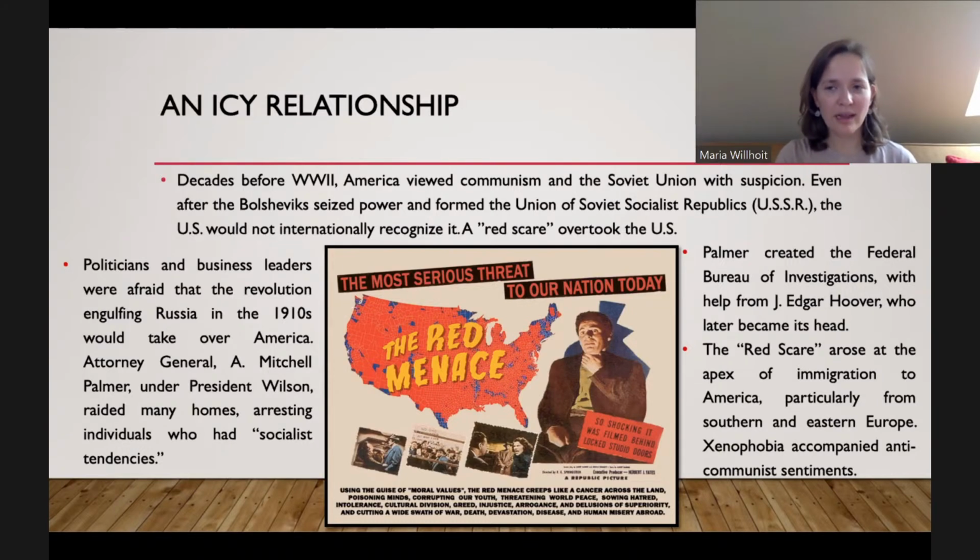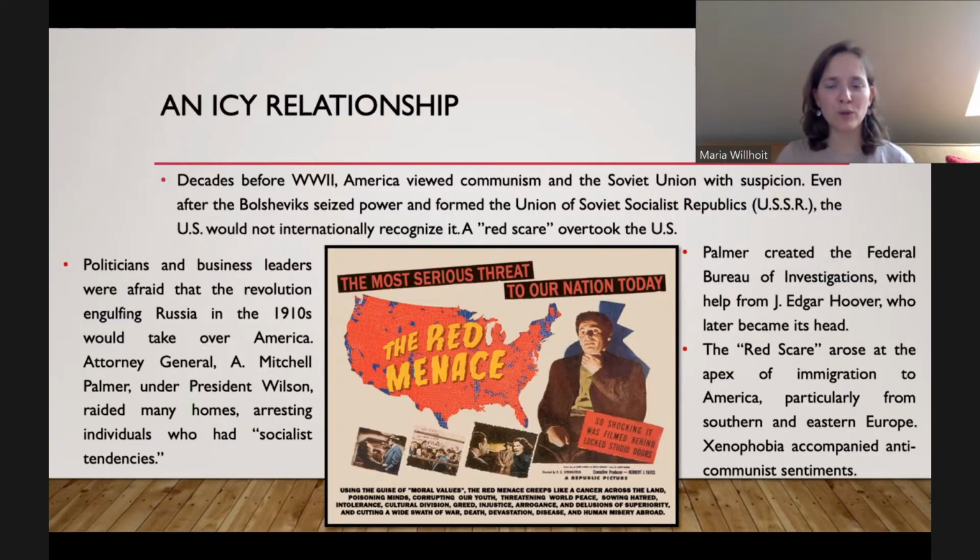And this is actually when we have the beginnings of the Federal Bureau of Investigation. It's actually the FBI who start to do these raids along with Palmer, and they get help from a very famous man, J. Edgar Hoover, who later becomes the head of the FBI for 40 years, I think.